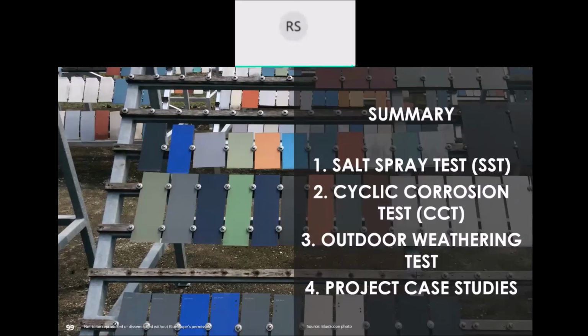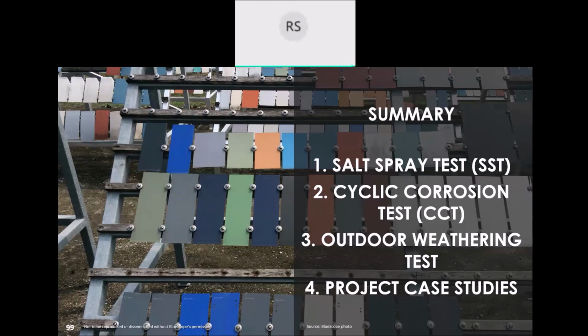Right. So with that, in today's topic, we have covered 4 different types of tests. Of course, before that, I shared why we do accelerated tests, and what influences the corrosivity of an environment. That follows the ISO 9223 standard to classify an environment, be it C1, which is indoor, C2, not so corrosive, all the way to C3, C4, C5, and CX, right?